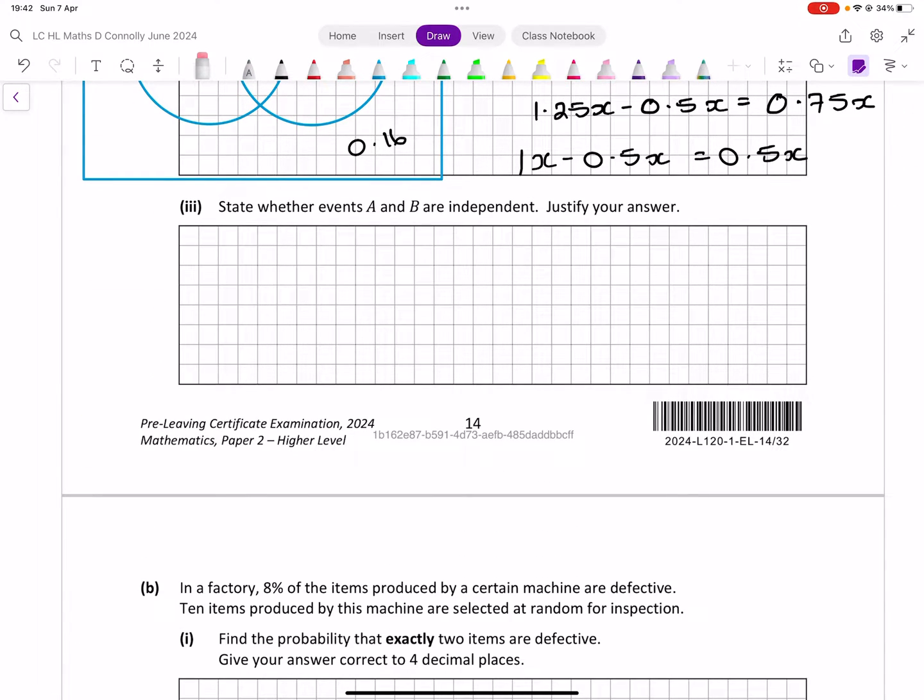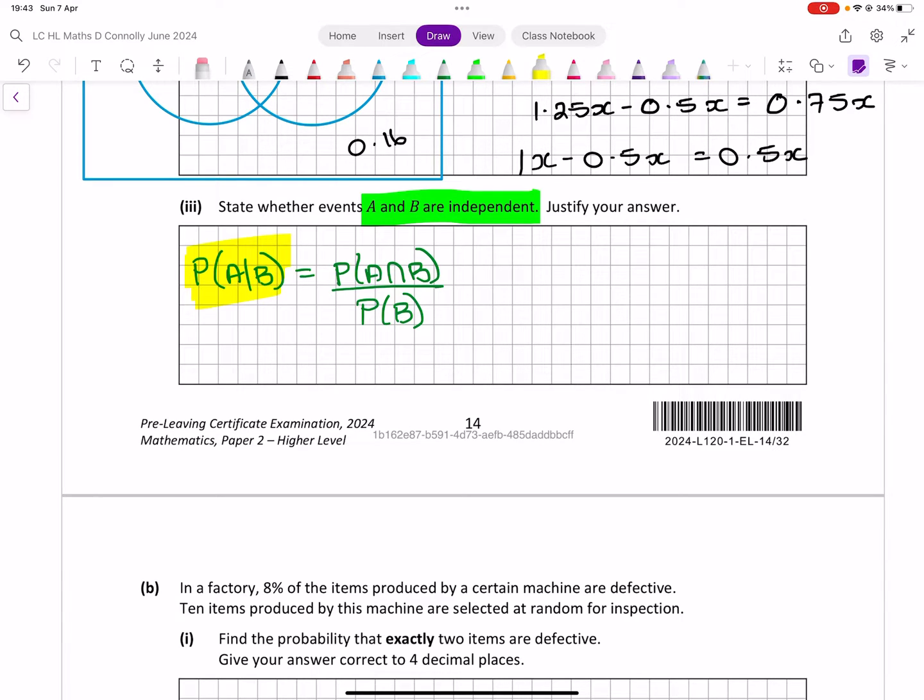Now, state whether the events are independent. Now, I said this when I taught you this. You can learn it, but for some reason it will not stay in my head, so I need to try and remember. Okay, that's my conditional probability.